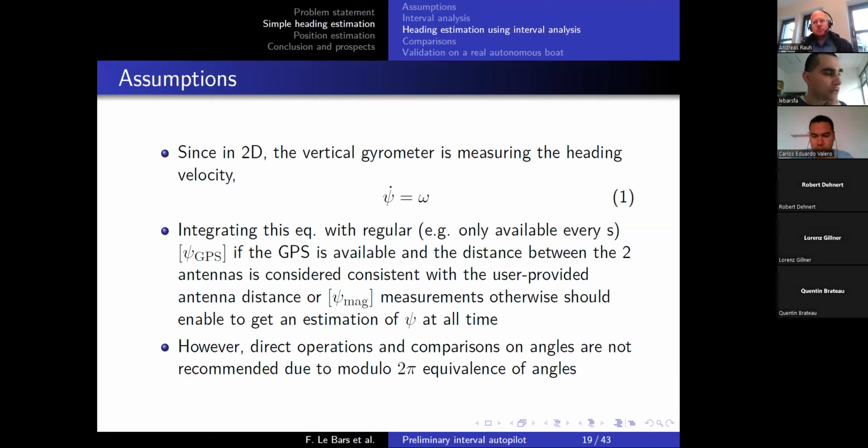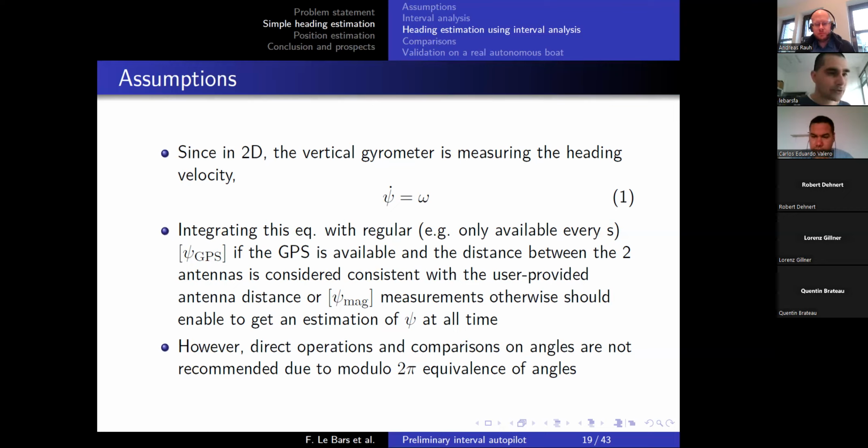The thing is, you have 2 GPS antennas, and typically the user needs to measure manually the distance between the 2 antennas and provide it to the inertial navigation system. Then during all the time, the inertial navigation system is also trying to compute by itself the distance between these antennas. So there are at least two things that we can take into consideration in this specific case.